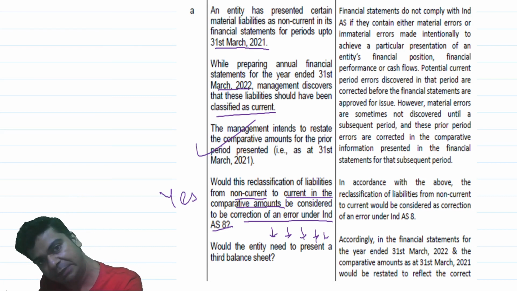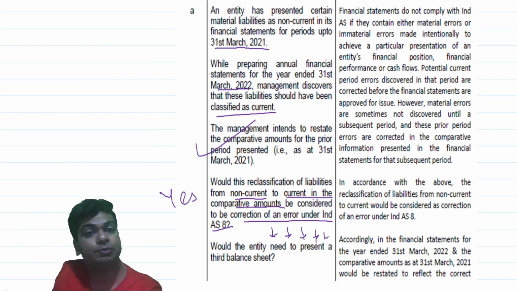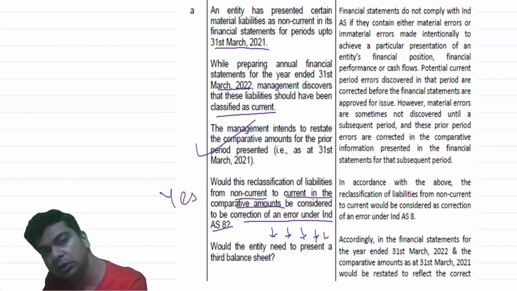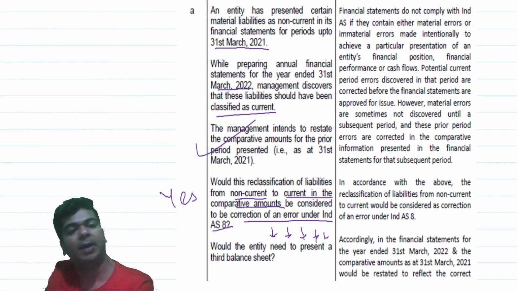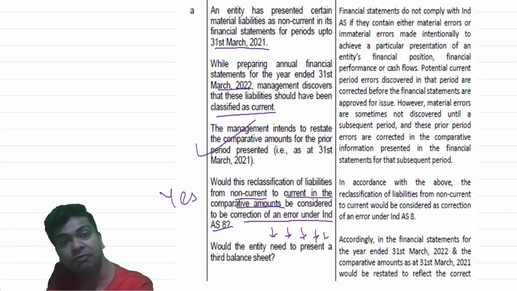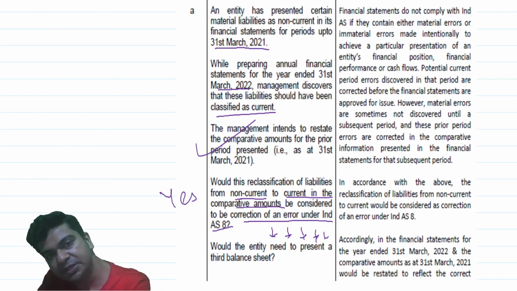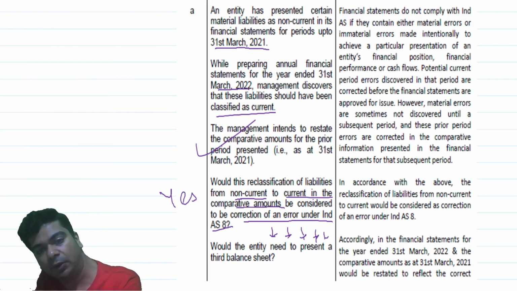If the mistake was committed only in the previous year, then you will give the rectification in the comparatives and the matter will end. But if the years before the preceding year are also affected, then a third balance sheet will need to be prepared. This is what we should check over here. Are the previous years, by which I mean the year before the previous year, also containing this particular error? Okay.